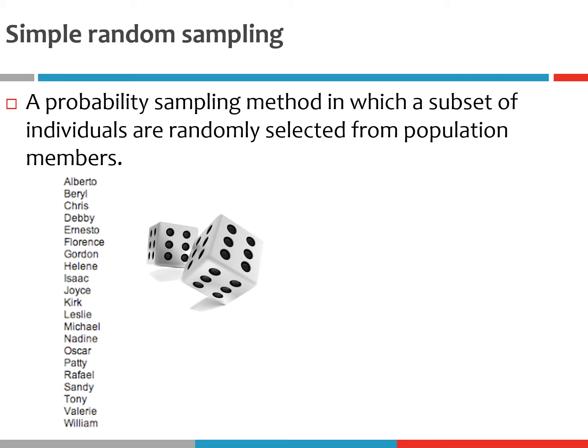If you got the number 4, you would take the 4th person on the list. If you got the number 8, you would take the 8th person on the list, and so on, right? So you're drawing names at random from the population for selection into your sample that you're going to use, right?